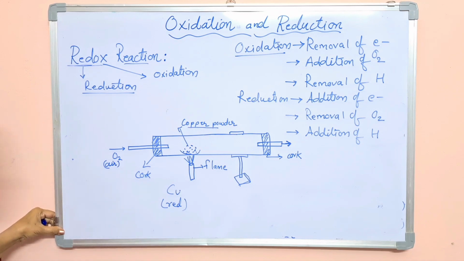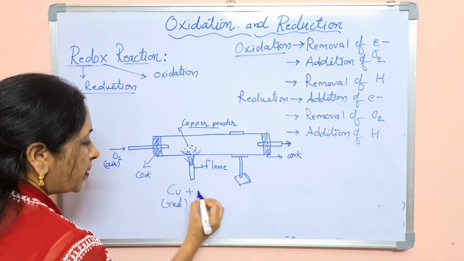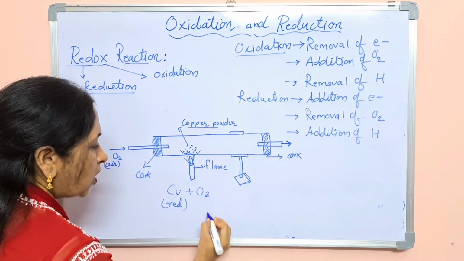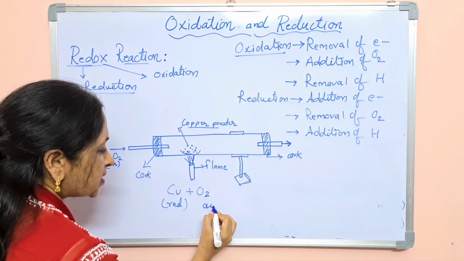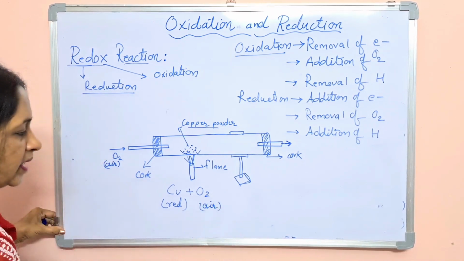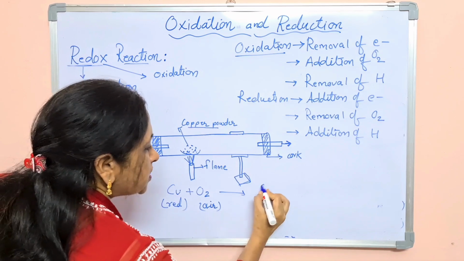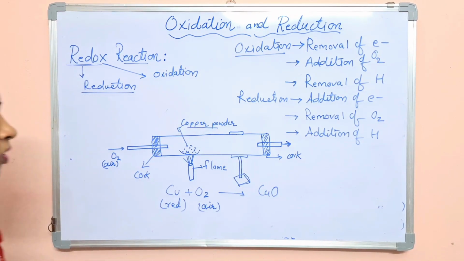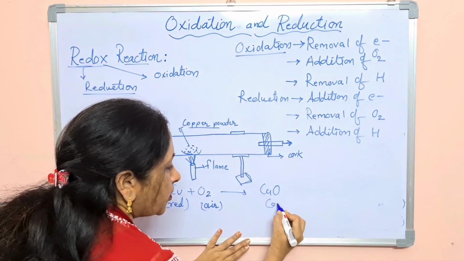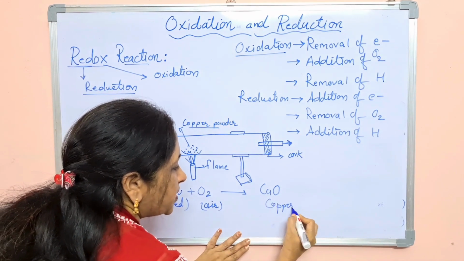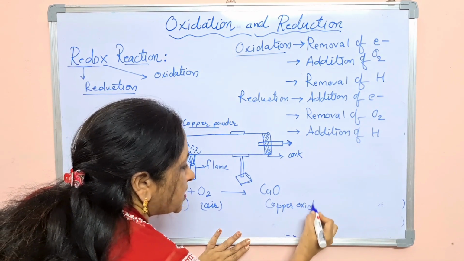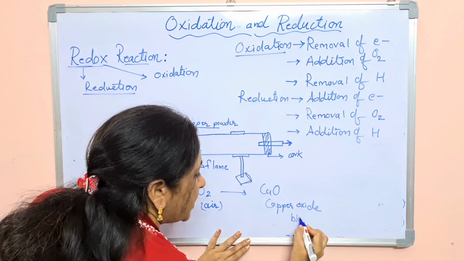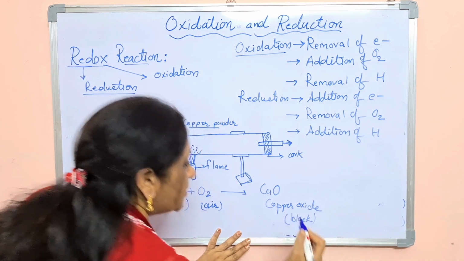What happened in this reaction? Actually, this copper combines with oxygen which has come from air, and it forms CuO. This is copper oxide, and this copper oxide is of black color.